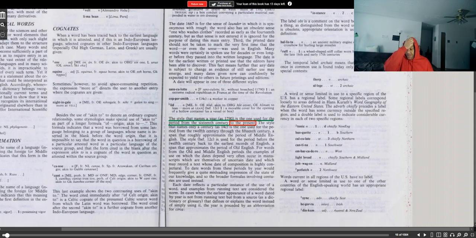Because, yes, a small idea of it started in England. But that idea was for the purpose of utilizing this new language to deal with the people of the Americas.